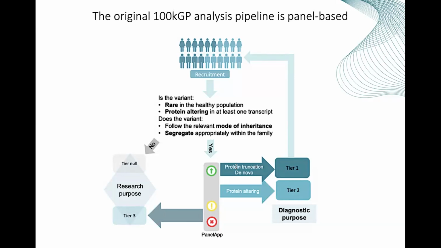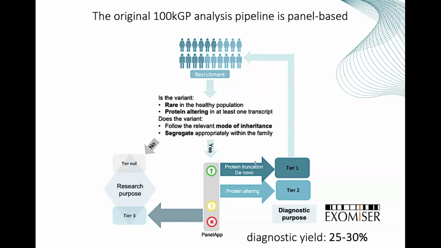And therefore, only these variants get assessed by the clinical scientists according to the ACMG classification. And the variants that are considered pathogenic or likely pathogenic then get reported and fed back to families.